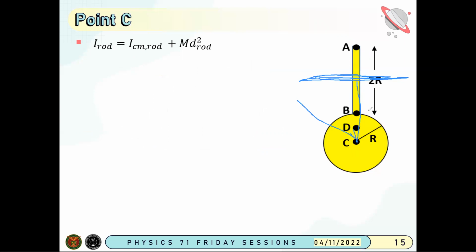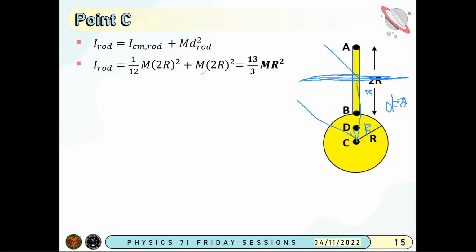Ito yung distance, which is r plus r. So that will be 2r. So yung distance ng rod is 2r. So, 2r yung offset sa parallel axis theorem.